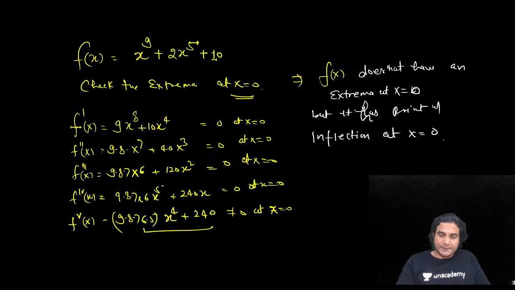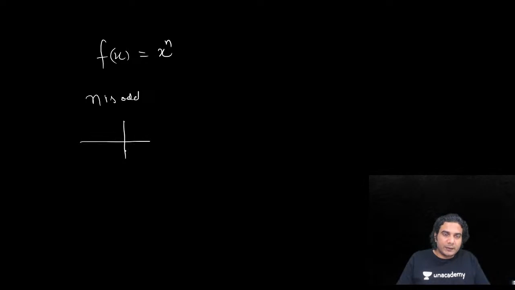Now let's discuss. If this is the curve f(x) is equal to x raised to n, you know when n is odd, the graph is this, and when n is even, the graph is this.